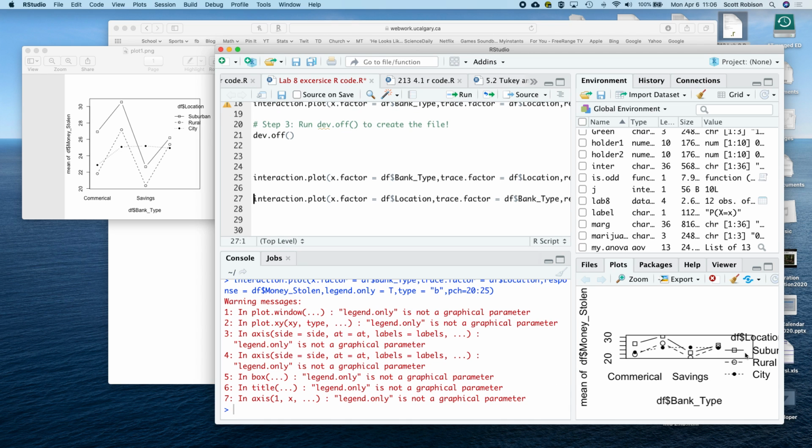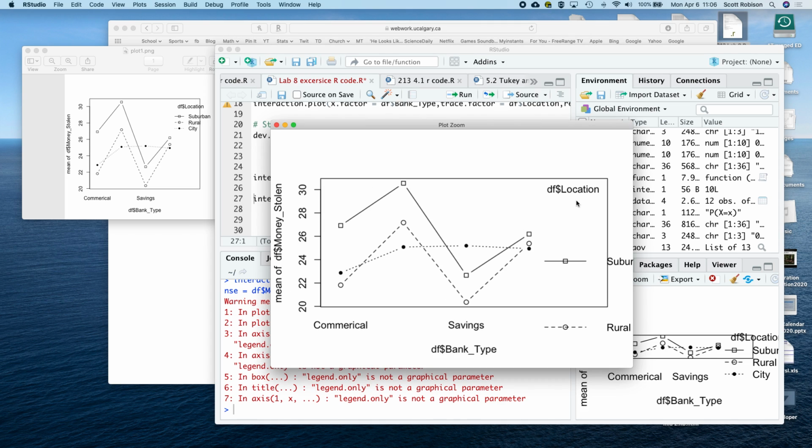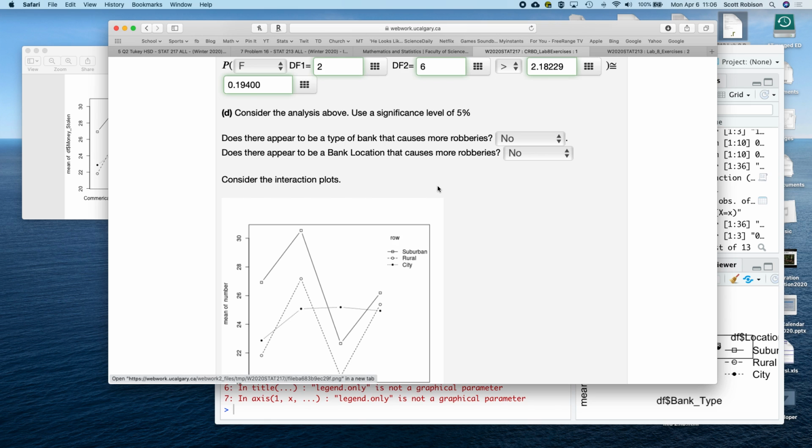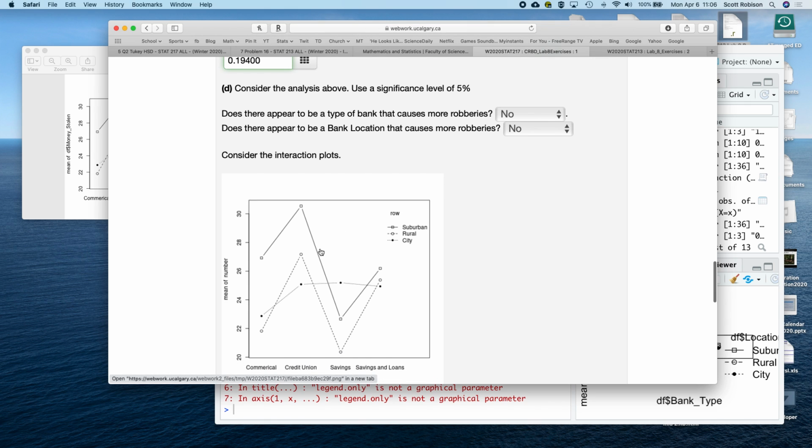But sometimes the annoying thing about that is when you look at it, you can see that the legend is so spread out, you can't really see it. So I've included some code if you wanted to make this picture look a little bit nicer. But either way, WebWork is giving you the picture itself here.